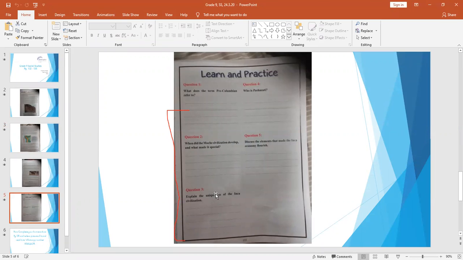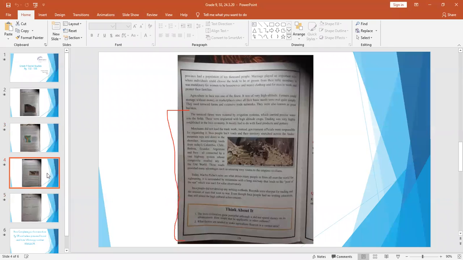Remember, we mentioned also the amount of warriors that they had, okay, and etc. Go and find out that information there. And who is Pachacuti? Okay, who is Pachacuti? And that information we will find as well on this page and in these paragraphs.